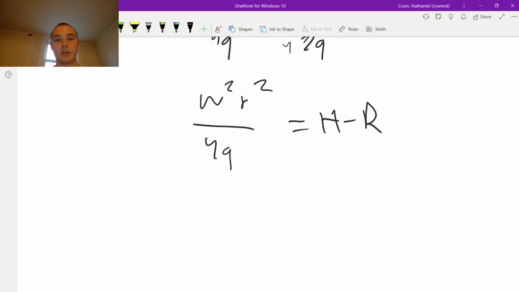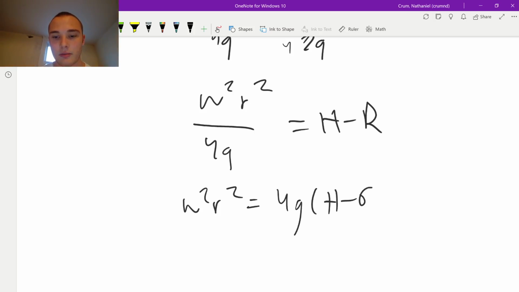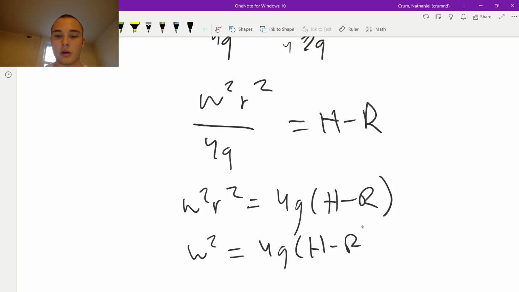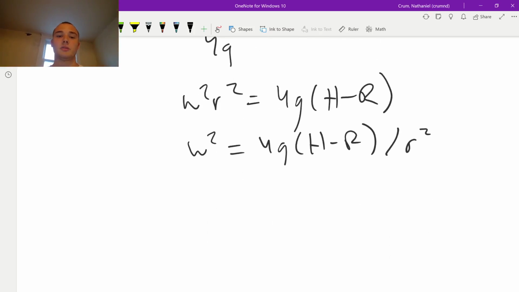So now all we need to do is solve for our omega. So we have omega squared R squared equals, multiplying 4g on both sides, 4g times (H minus R). And then we have omega squared equals 4g(H minus R) divided by r squared. And then our last step is just to square root both sides.